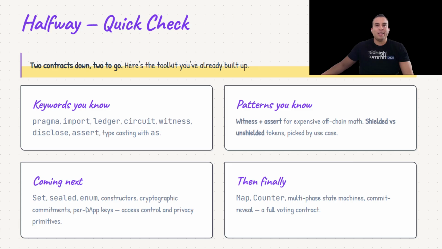Private guest list is going to throw a bunch of new primitives at you. Sets, sealed cells, enums, constructors, cryptographic commitments, per-app keys. After that, election pulls all of it together with maps, counters, and multi-phase state machines. If you have followed up to this point, you are in great shape. Let's keep going.